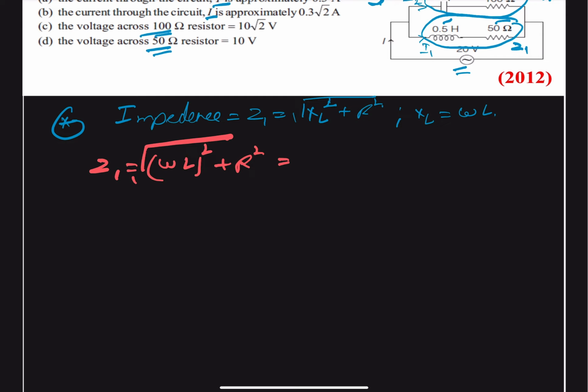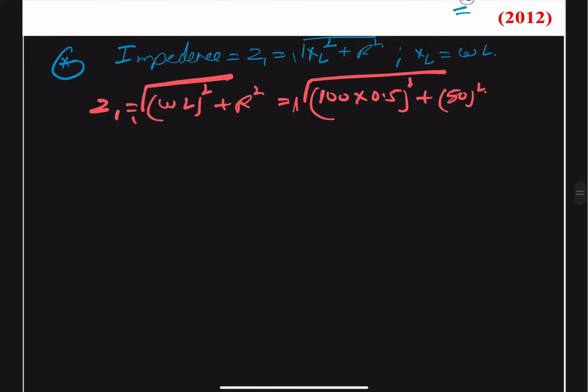So we substitute the values, we get this as the square root of 100 multiplied by 0.5 whole square plus R, which is also given as 50, whole square. We get Z1 will be equal to the square root of 50 square plus 50 square. This gives us that Z1 will be equal to 50 square root of 2 ohms.